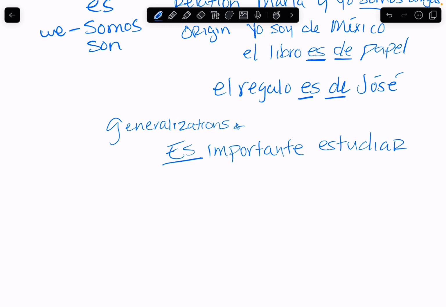This can also be possession. This is possession. Okay, el regalo es de Jorge. Okay. So who it belongs to. And then destination.